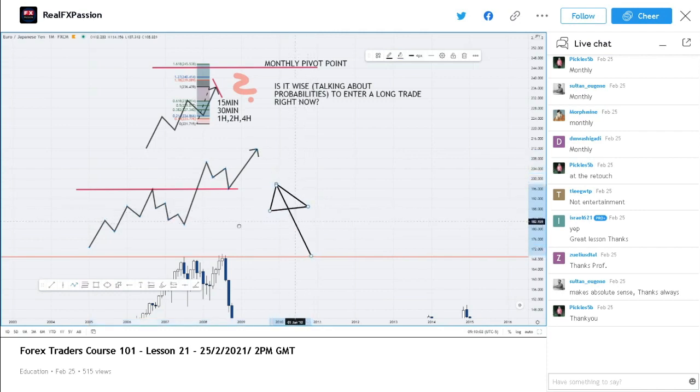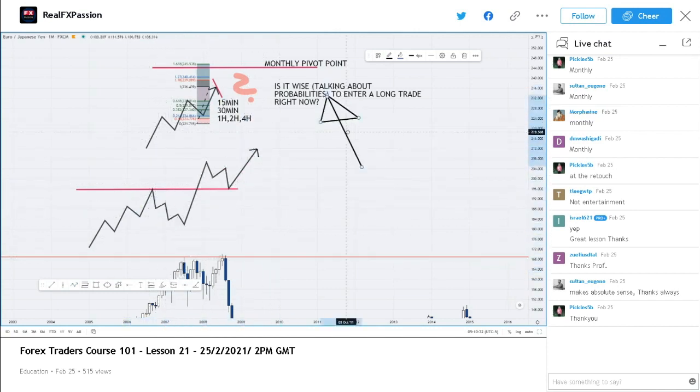Everybody, how many of you are trading from the 15-minute chart, 30-minute chart, 1-hour chart? There is no right or wrong, don't be shy. Just type in the chat: 15-minute, 1 hour, 2 hour, 30-minute chart. How many of you are buying and selling, going long and shorting on the smaller time frames?